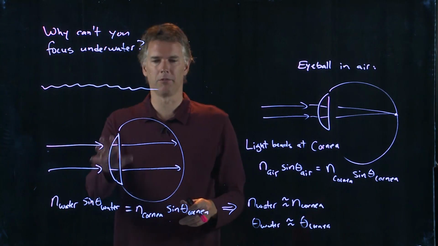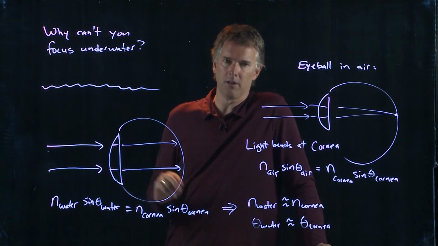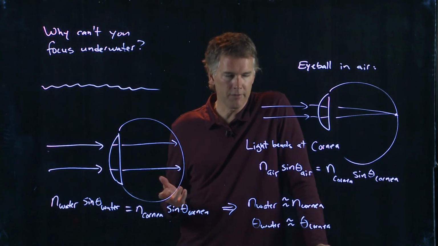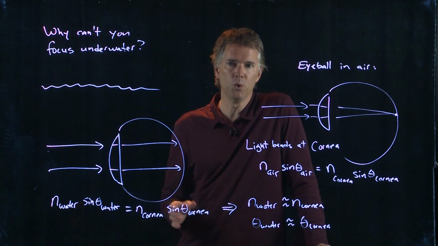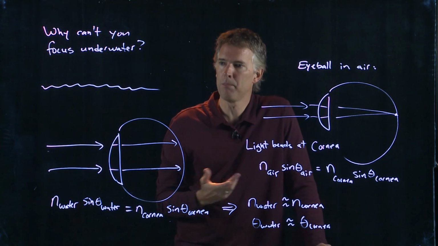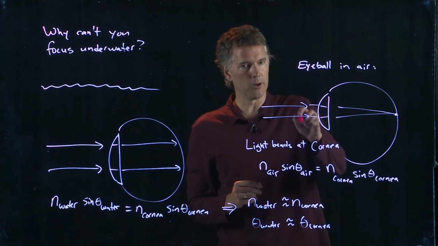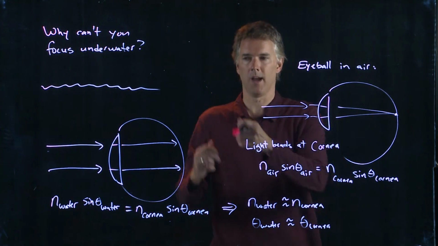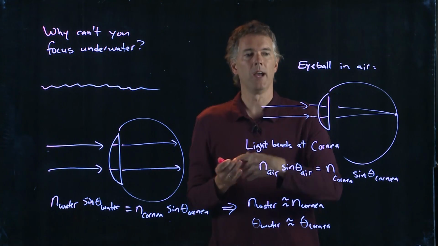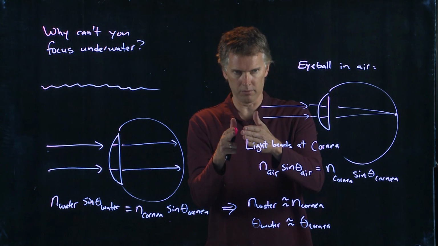So how do you fix this problem? When you're swimming underwater and you do want to see those fish, how do you fix the problem? You get an air-water interface again by putting on a mask. And by putting on that mask, you put a little air in front of your eyeballs, and when the light rays come through now and they go to the air cornea interface, they can bend and come to a focus.